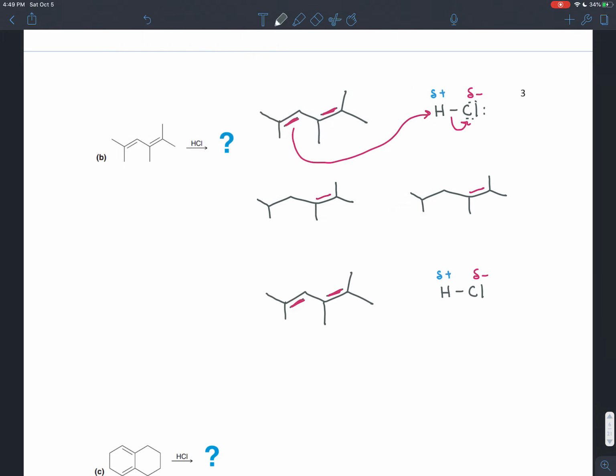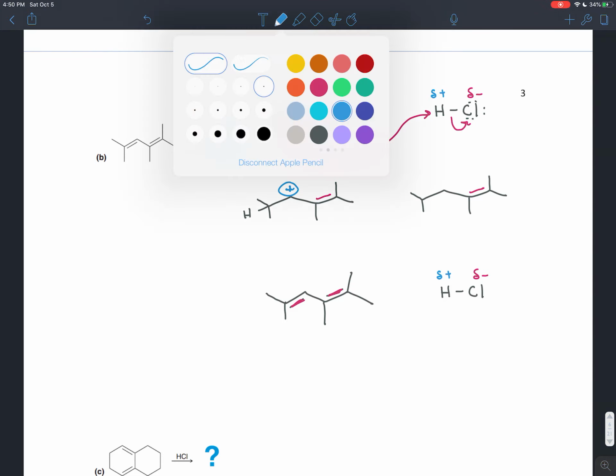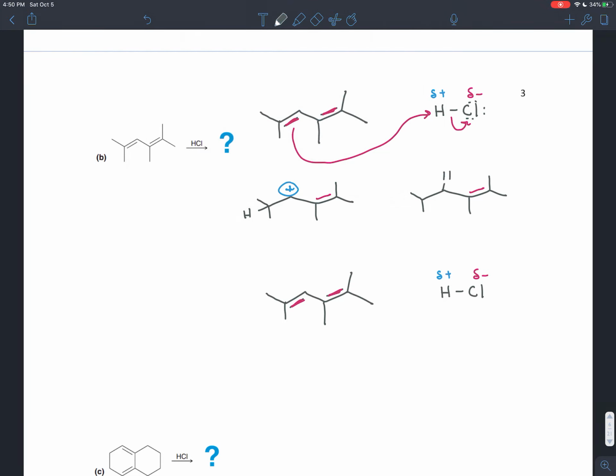The hydrogen could either go to the carbon on the left, in which case you would get a carbocation here, or the hydrogen could go at the carbon on the right, in which case you'd get the carbocation here. Now at first blush, you'd look at this and you'd say, well, this is a secondary carbocation. The carbon with the positive charge is only bonded to 2 other carbons. This, on the right, is a tertiary carbocation. That carbon is bonded to 3 other carbons.